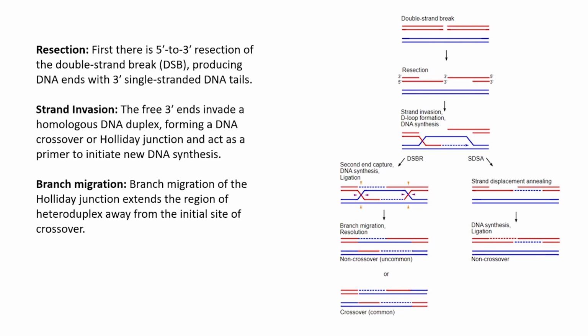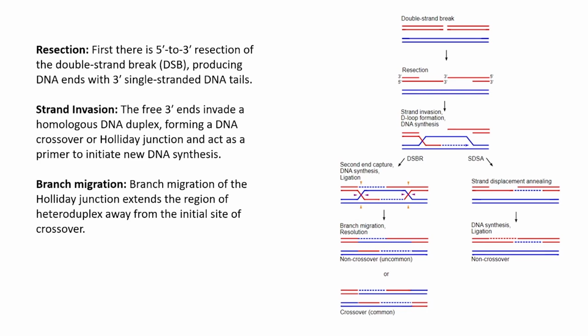So, what happens is resection. First, there is a 5 prime to 3 prime resection of the double strand break which produces DNA ends with 3 prime single stranded DNA tails. This is followed by strand invasion. The free 3 prime ends invade a homologous DNA duplex, forming a DNA crossover or Holliday junction and act as a primer to initiate new DNA synthesis.